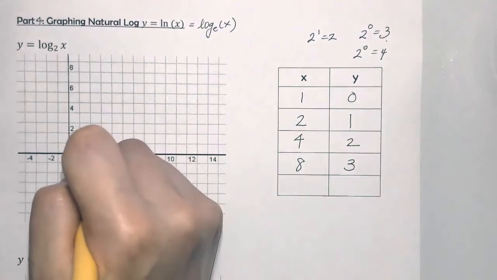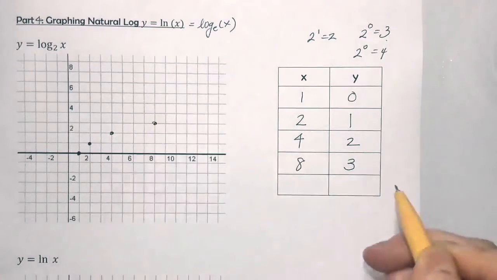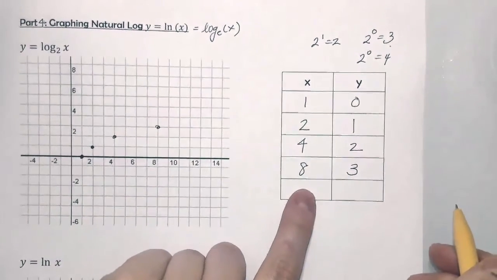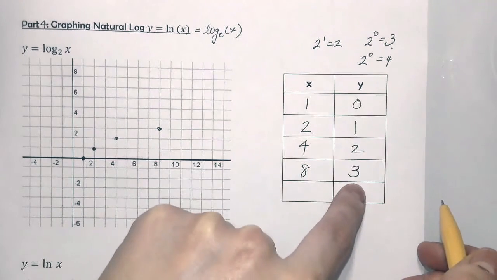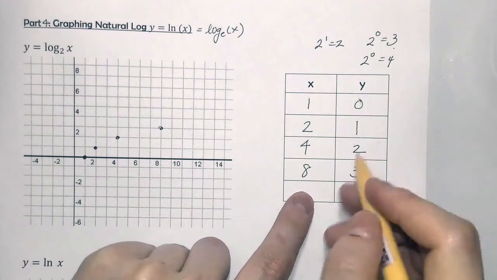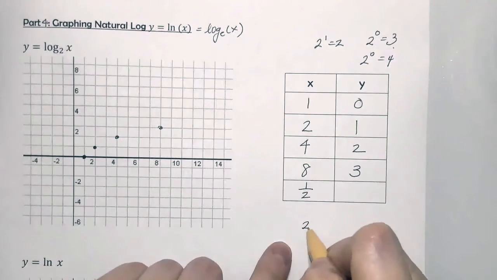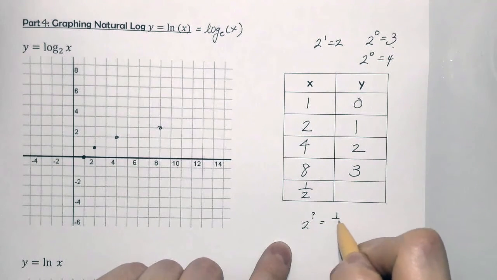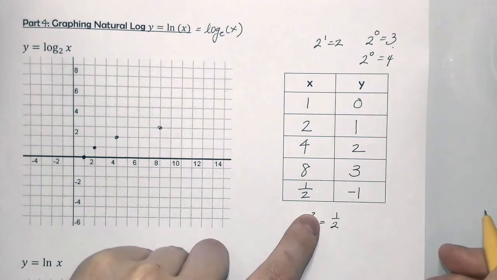So once you plot those, I want to do one more. I emphasize this while we're back in class. We can actually go into negative y values if you think of fractions. What about 1/2? 2 to what power will give you 1/2? That's -1.